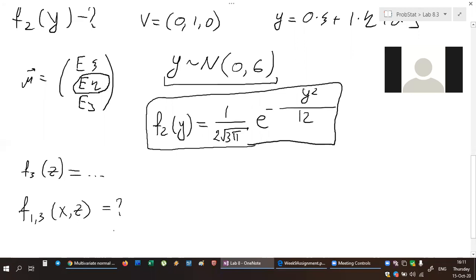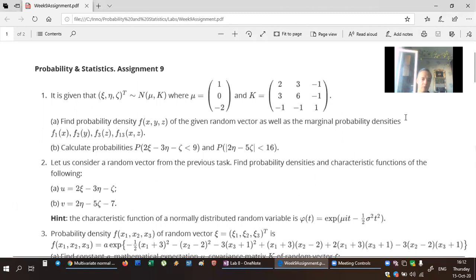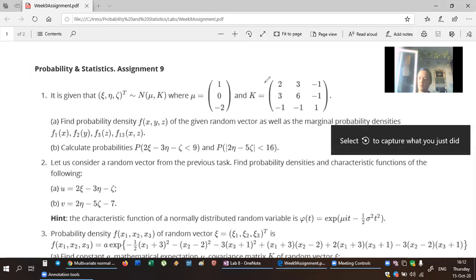Sorry, can you explain, please, how did you find the variance of y? Yeah, sure. Actually, here in the covariance matrix on the diagonal, you have variances, because this covariance x1, x1 is actually equal to variance x1. And this last covariance is variance xn. So here in the task, if we take a look at the condition, we have this matrix.